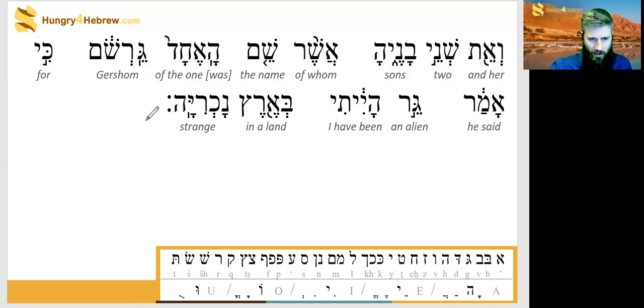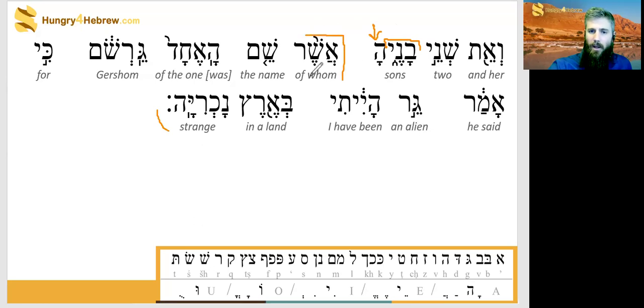And I'm sure it's going to tell us the name of the second son in the next verse, but we haven't gotten there yet. So big comma. Ve'et shnei vaneha. This is continuing from the last idea that Yitro is bringing back Tzipora and et shnei vaneha, and the two of her, plural, sons.